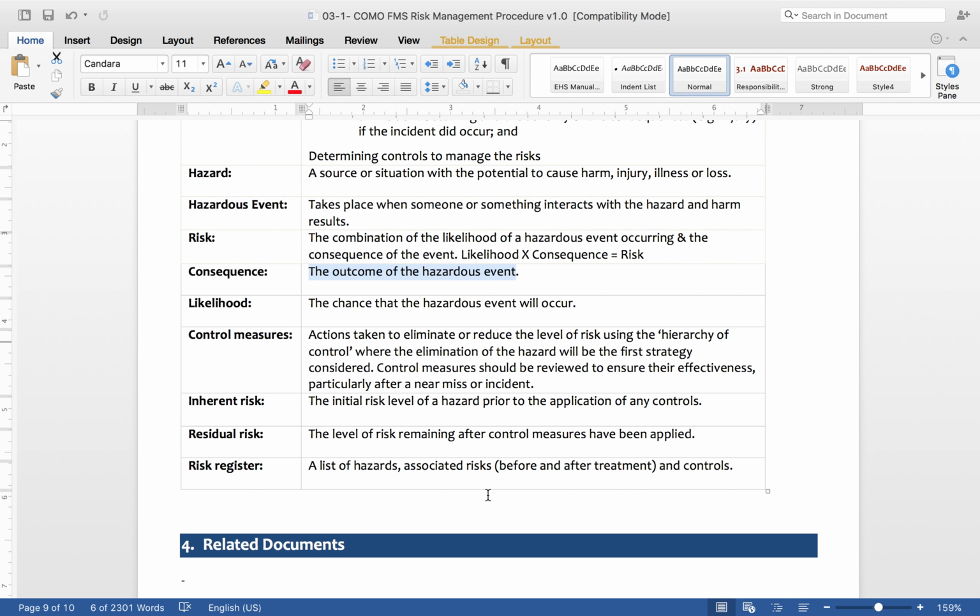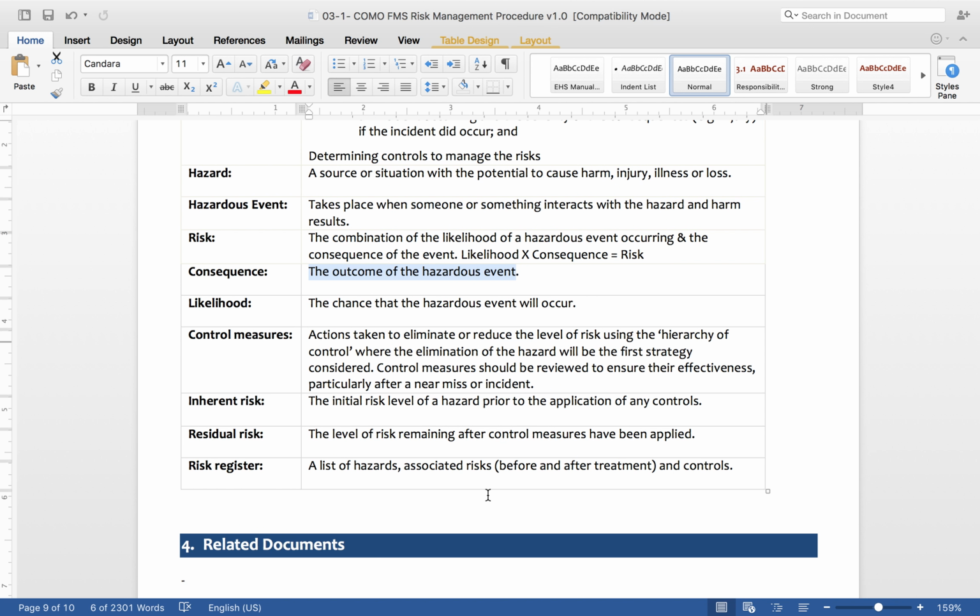Inherent risk. These are the hazards that are already there before you apply a control. Before you wore PPE, there is already a hazard available, or before you start the activity, there is already a hazard there.